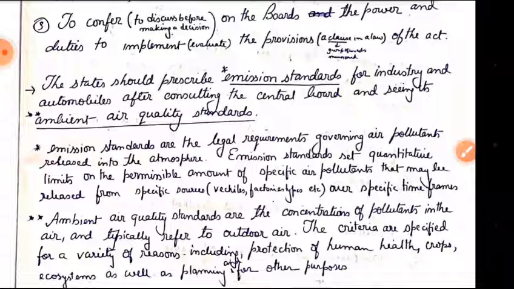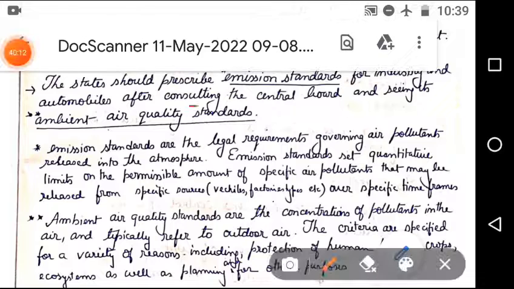That means setting up certain rules on what pollutant levels should be emitted, not more than that. A limit of the pollutants on automobiles, on industries, on processing plants, on power plants, after consulting with the central board.